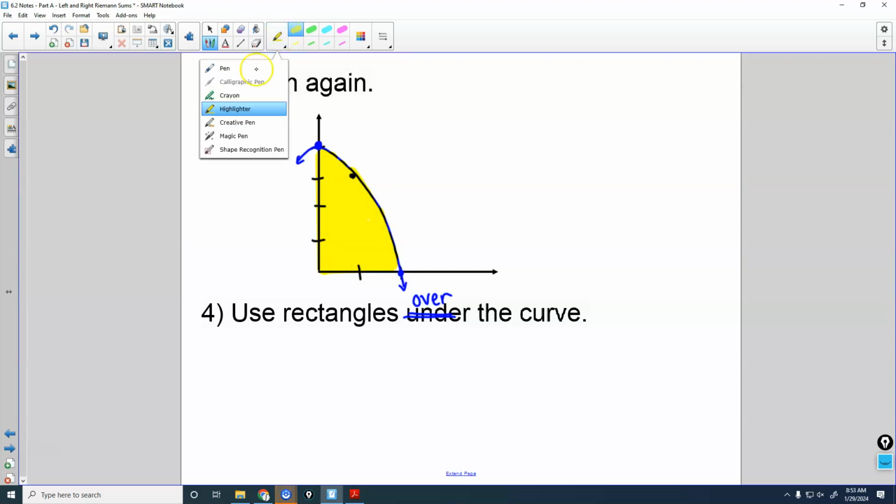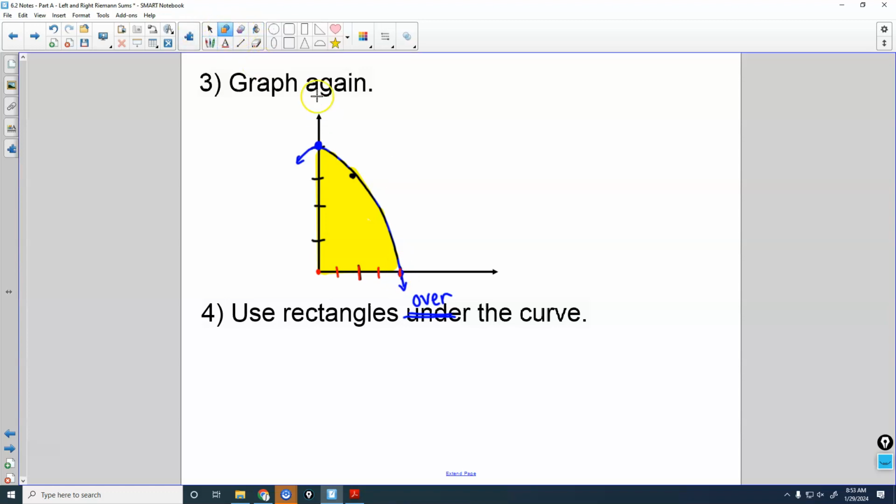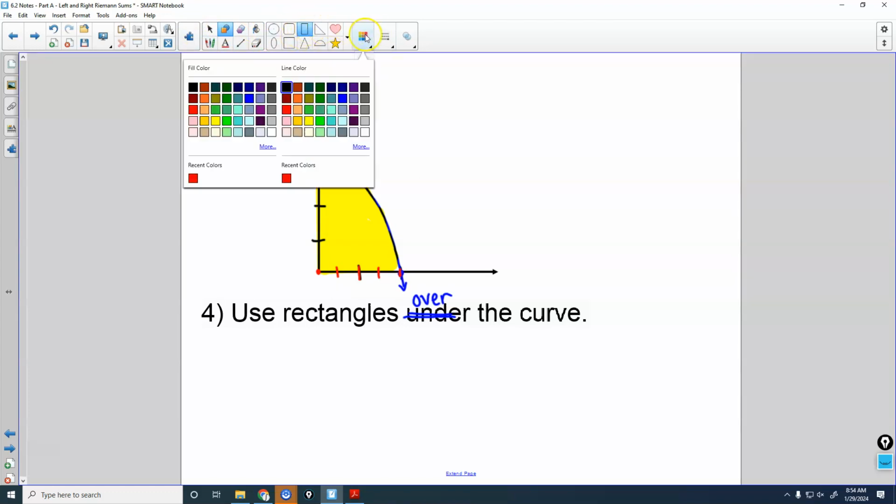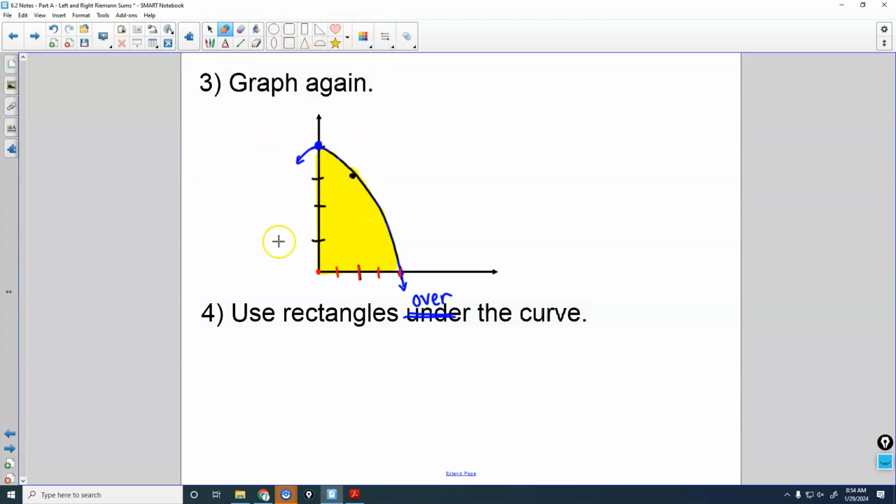we are still going to use 4 subintervals. So let's split this x-axis into 4 sections. But this time we want to use the rectangles that are above the curve. So I'm going to use that rectangle again so I can draw this neatly. Alright, so the rectangle above the curve is going to look like this. Its highest point is going to be at the top of the rectangle.